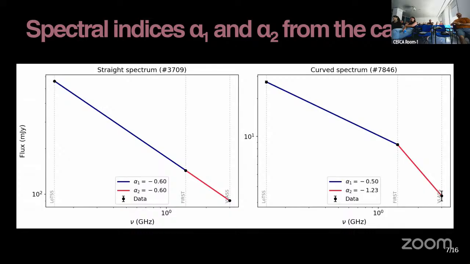So these are not fits, this is just some examples of how our alpha 1 or alpha 2, which are the two slopes of the broken power law, can look like. This, for example, would be a double negative slope, and this would have a break, which is what we're really looking for. Alpha 1 would be the low frequency slope, and alpha 2 the high frequency slope.